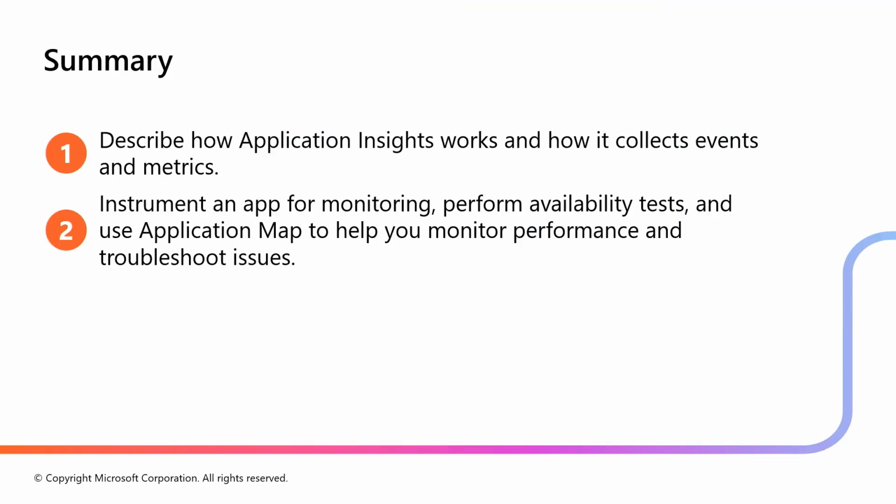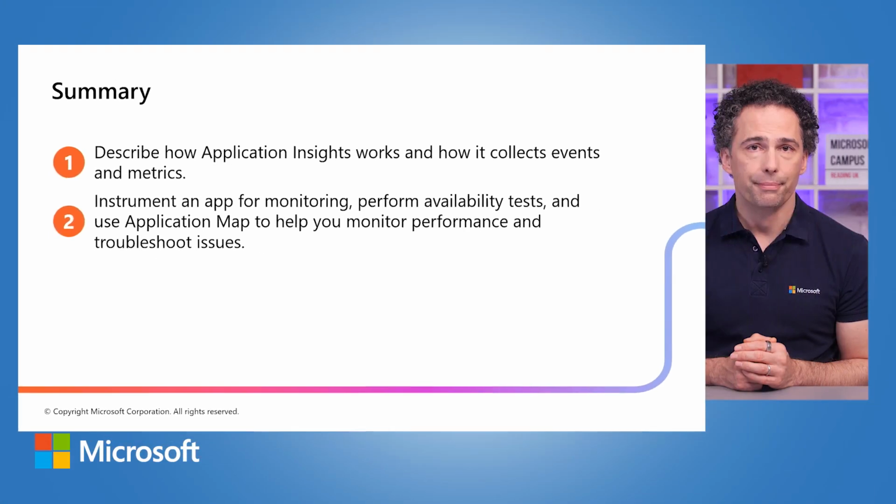In this video, I have described how Application Insights works and how it collects events and metrics. We looked at how to instrument an application for monitoring, perform availability tests, and use Application Map to help you monitor performance and troubleshoot issues.